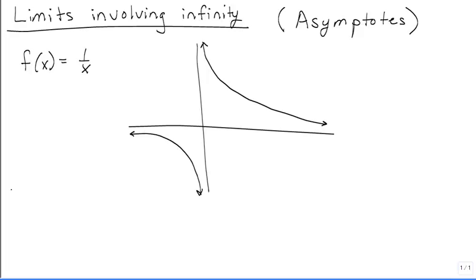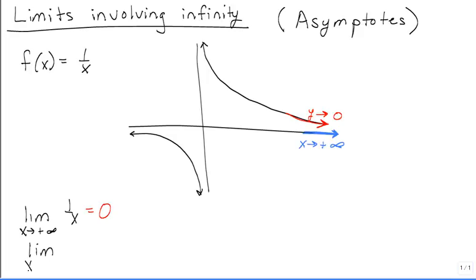Now, if we take the limit as x goes to positive infinity of 1 over x, we see that as x goes to positive infinity in the blue, then the y value is getting closer to 0. The graph is getting closer to 0. So this is going to equal 0.